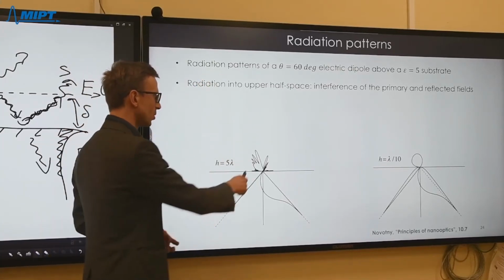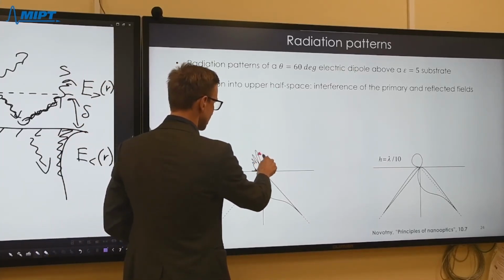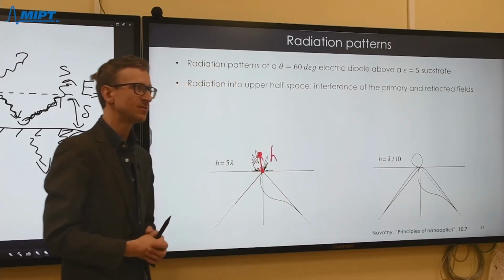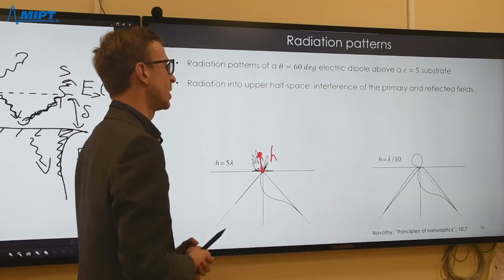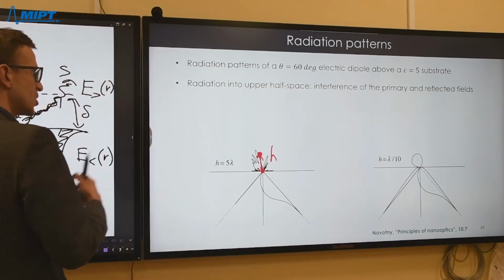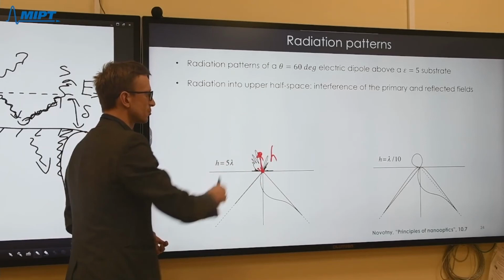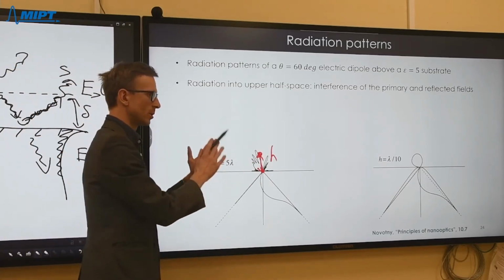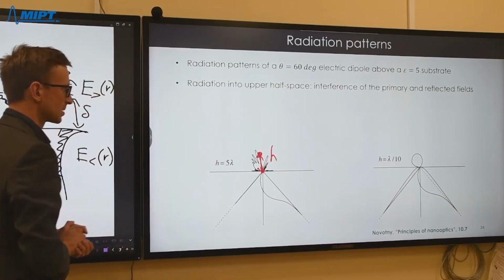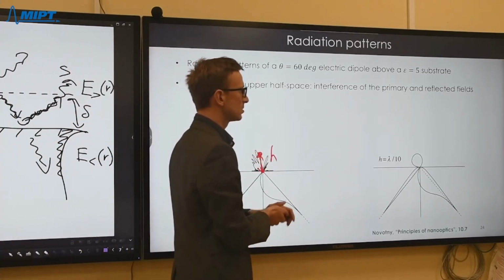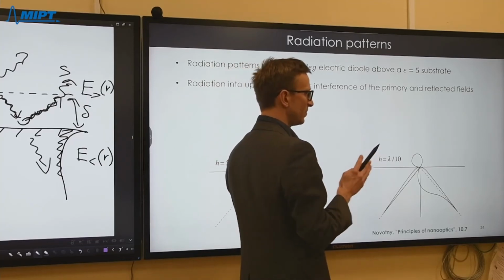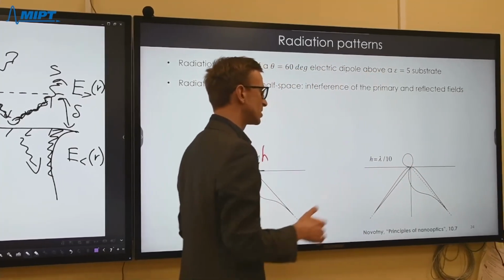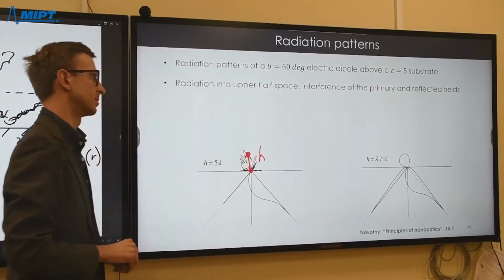Depending on the distance between the interface and the dipole, this interference can take pretty different forms, and the resulting radiation patterns will be very different. Generally, as you increase the distance h, the radiation pattern will have more and more peaks. As you decrease it, the interference diminishes, and you end up with a relatively simple shape.